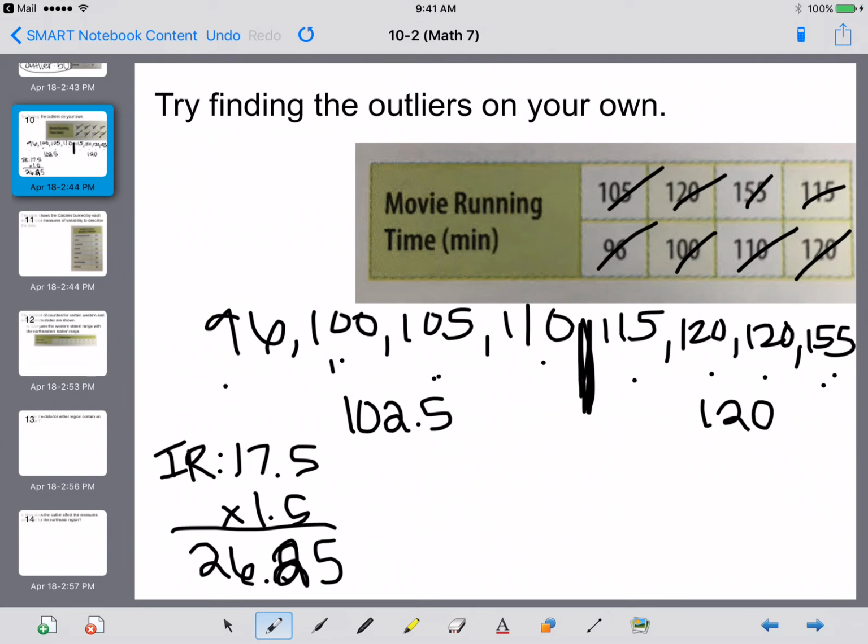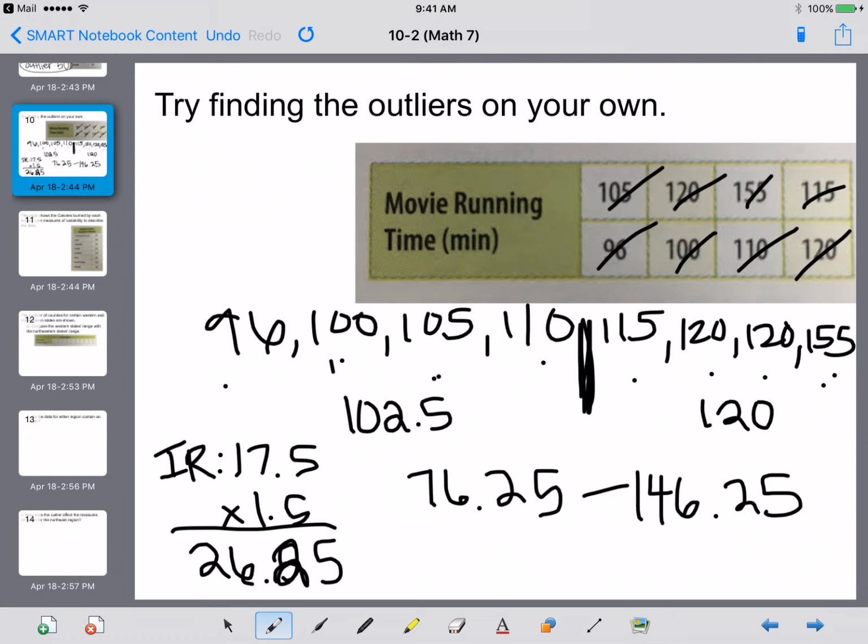So we take 102.5 minus 26.25 to get us 76.25. And then we take 120 and add on the 26.25 to get us 146.25.